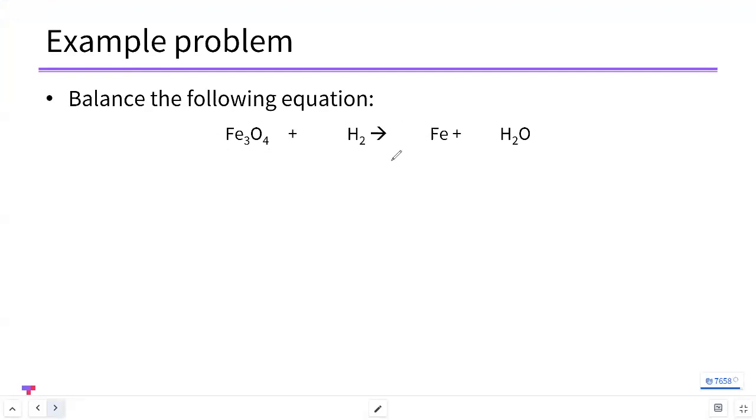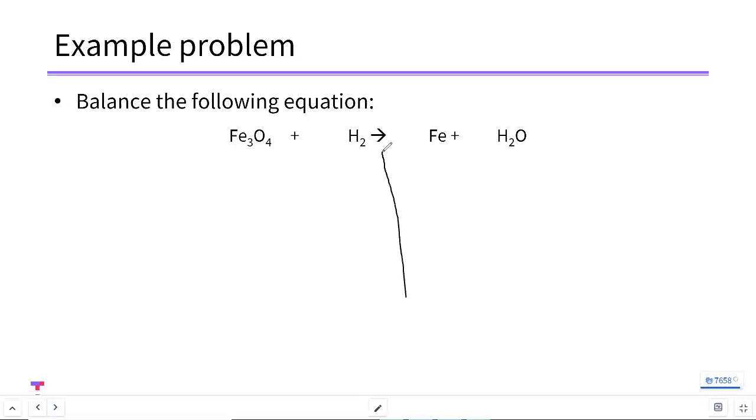We've got an oxide of iron reacting with hydrogen to make iron metal and water. This would be an example of a single replacement reaction. Why single replacement? Well, we can see hydrogen here acting as a metal, acting as a positive ion and kicking out the iron. So that's why it is single replacement.